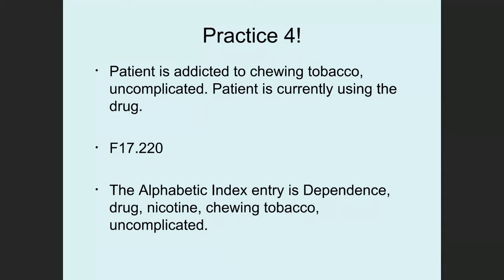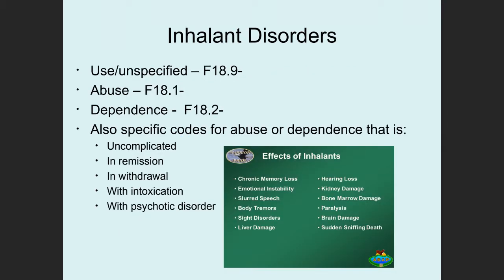The fifth digit, 2, indicates chewing tobacco. The final digit, 0, indicates uncomplicated, meaning not in remission, not in withdrawal. So it's uncomplicated.